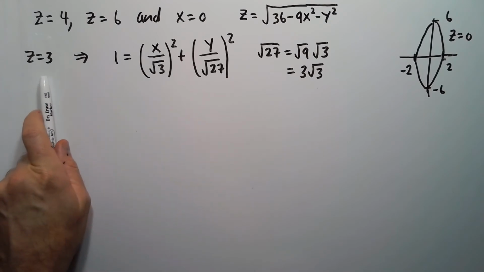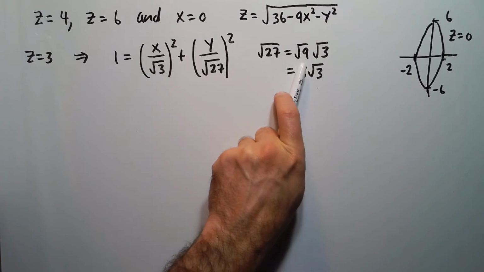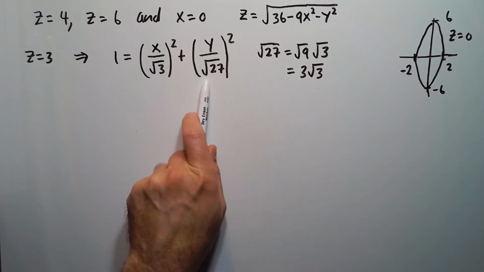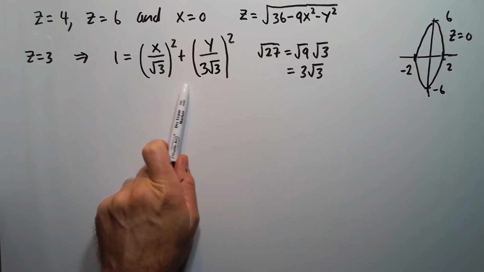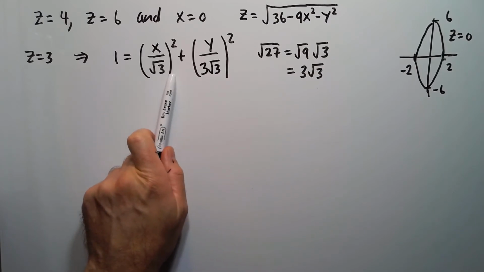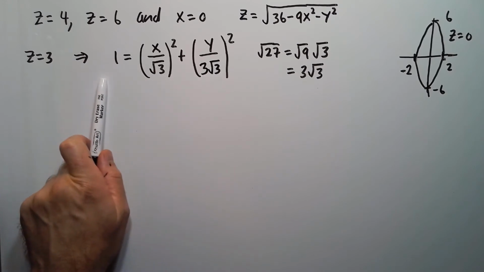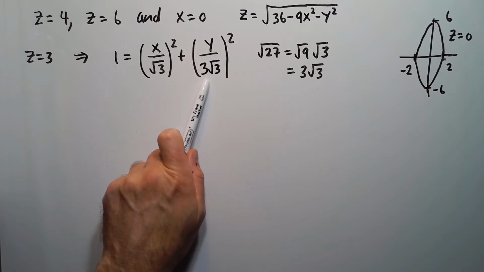So we're looking at z equals 3. And now note the square root of 27 you can write as square root of 9 times square root of 3, which is 3 square root of 3. So I can replace the square root of 27 with 3 square root of 3. So now this will be an ellipse also, and the center will be 0, 0, and it's going to go square root of 3 to the right and minus square root of 3 to the left on the x-axis, and up and down 3 square root of 3.